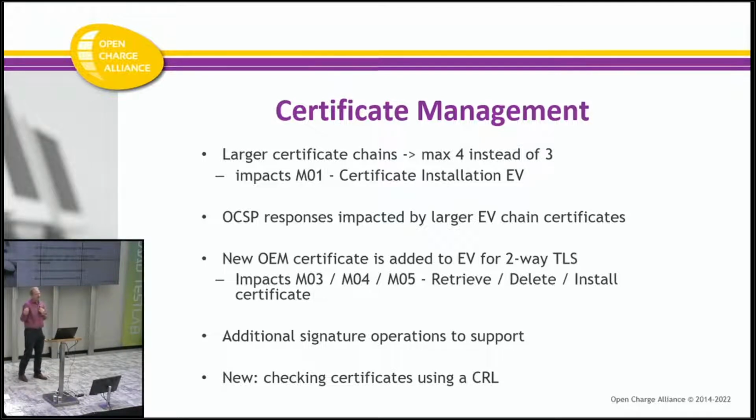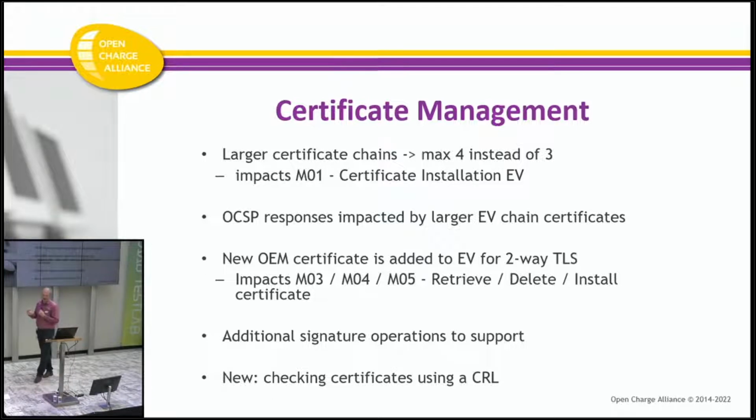And on the CSMS side, we have to be able to install the root certificate that the charger can use for verifying the client certificate from the car. The specification of the ISO 15118 calls this the OEM root certificate. So this is also now added to the installation use case, the fetch use case, and the delete use case for the root CA certificates.